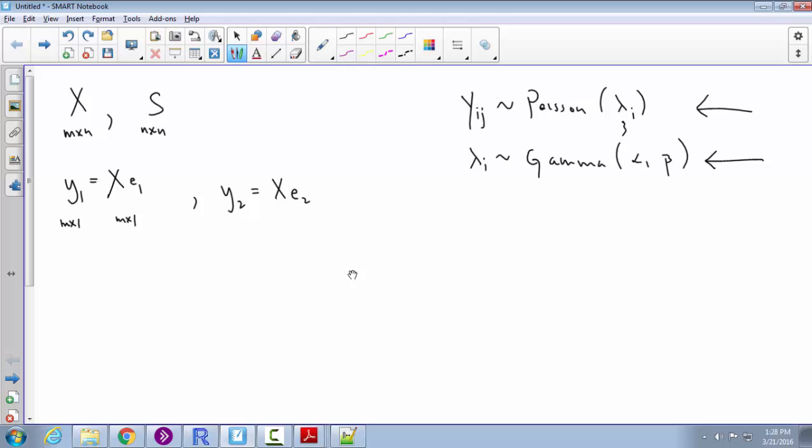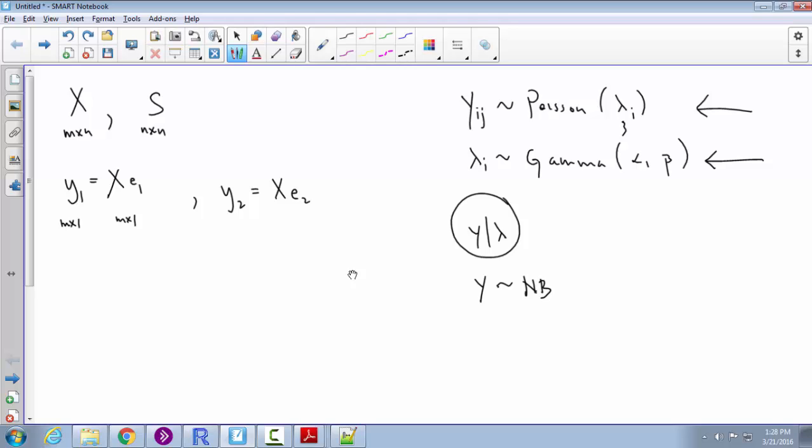So really we're saying that y given lambda is Poisson, and it turns out that if you obtain the marginal distribution, this is a conditional distribution, if you obtain the marginal distribution of y, it is negative binomial. So maybe you've heard of negative binomial, maybe not.